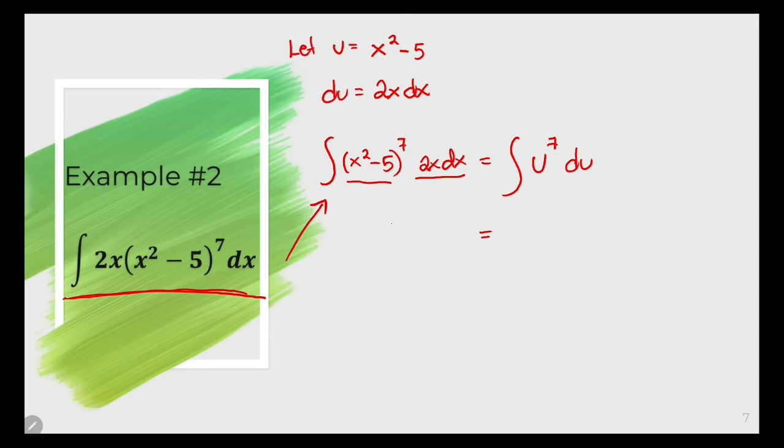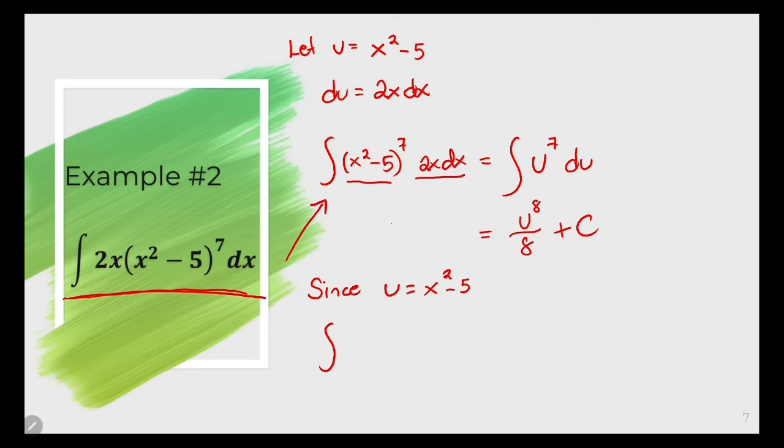Applying the power rule, this is u to the power of 8 over 8 plus the constant c. Since u is equivalent to x squared minus 5, substitute x squared minus 5 into u.